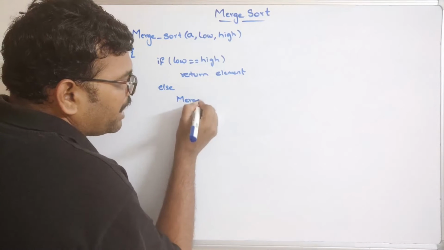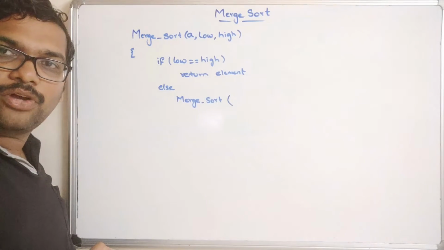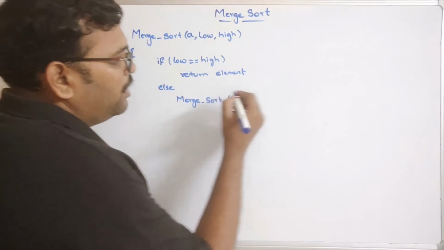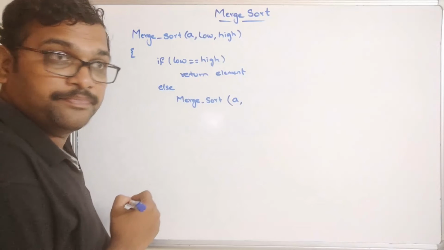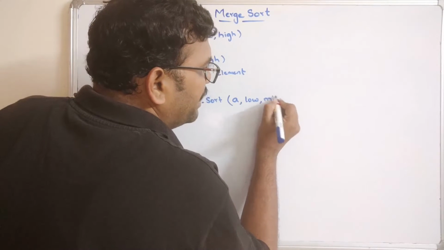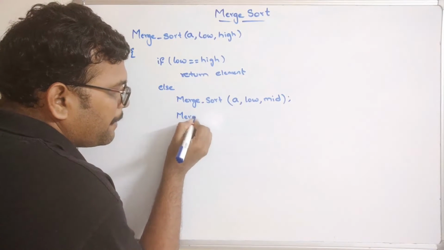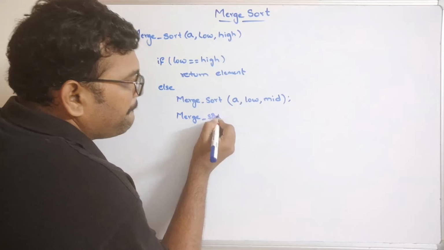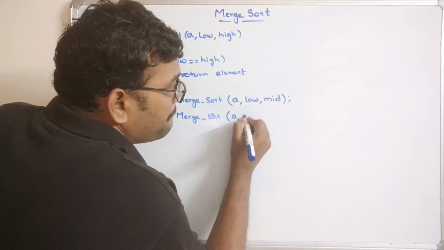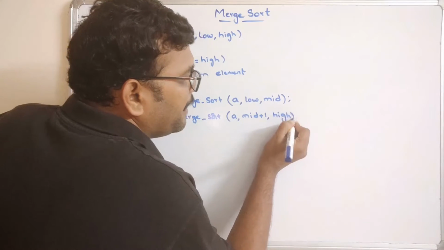So recursive call: again apply merge sort on the array of elements from low to mid, and then again merge sort on the array from mid plus 1 to high.